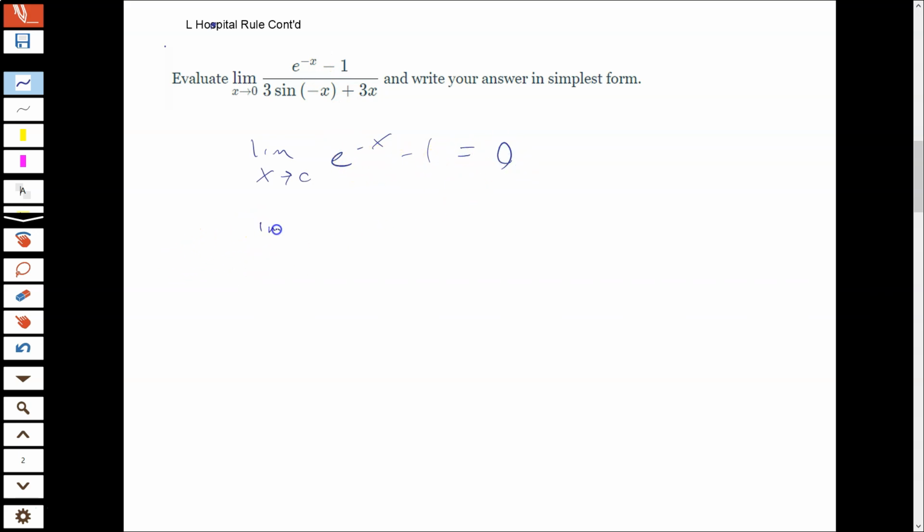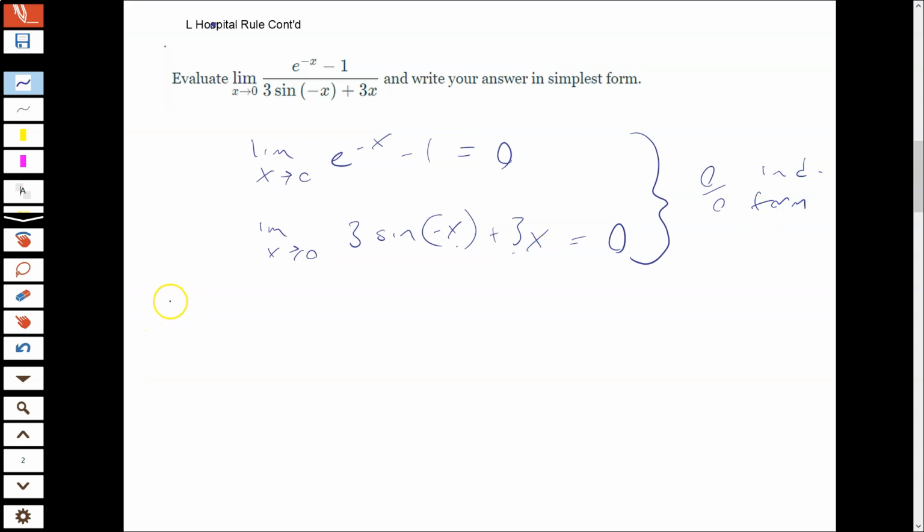And then the limit as x goes to 0 of the denominator. Sine of 0 is 0, and 3 times 0 is 0, so this is also 0. So we have a 0 over 0 indeterminate form.